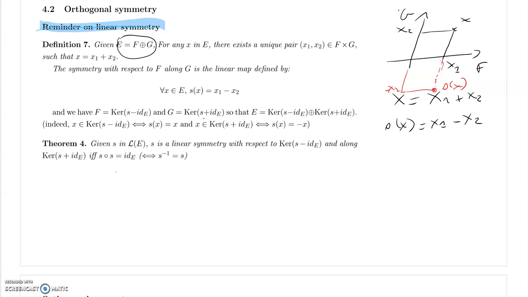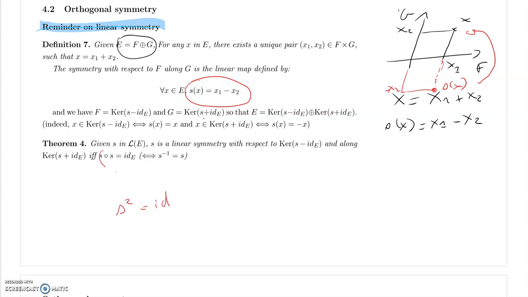One way to characterize the symmetry: S of x is the x1 part minus the x2 part. And if you apply the symmetry again, you're back where you started. So one way to characterize the symmetry is to say that S squared is the identity.